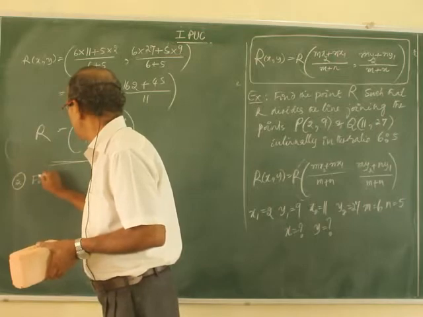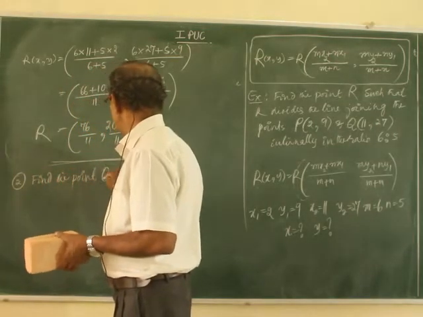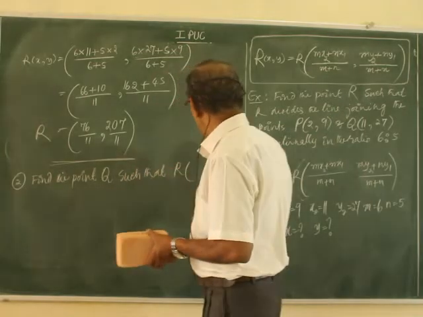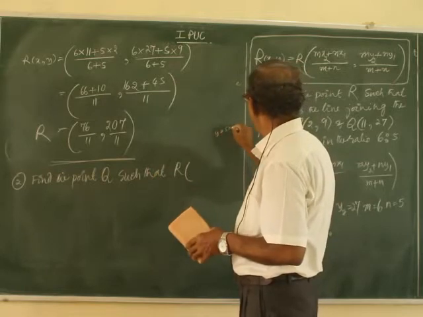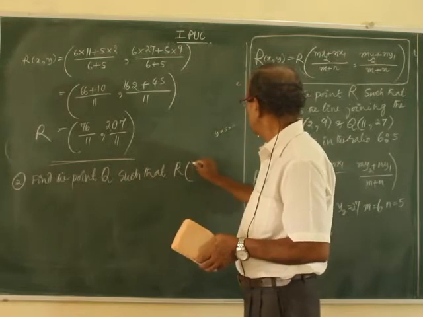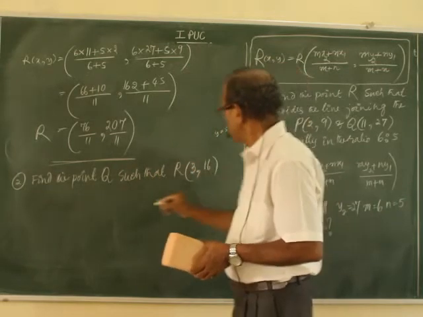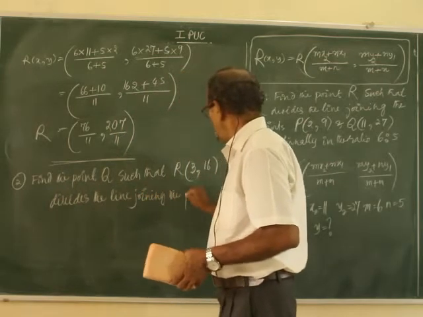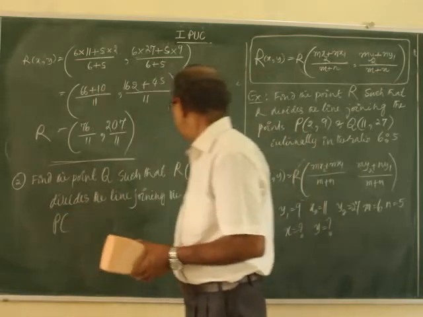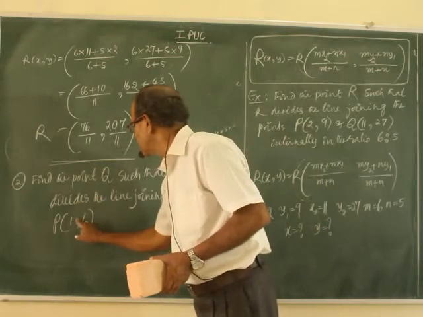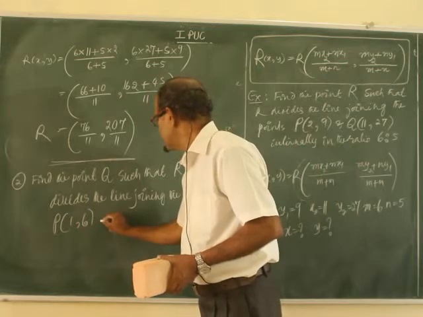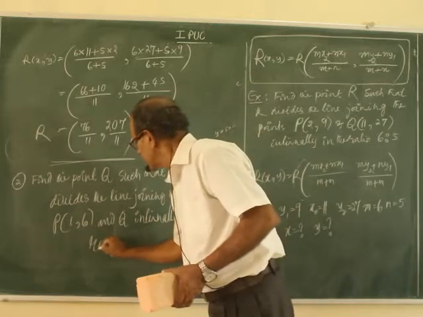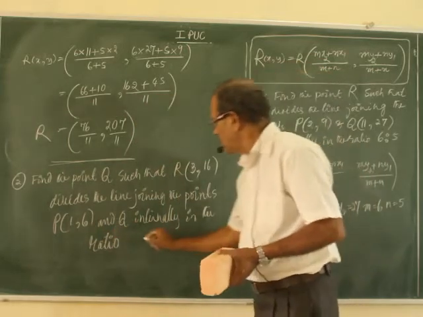Problem number two is find the point Q. Here the question is not to find point R. Find the point Q such that R(3, 16) divides the line joining the points P(1, 6) and Q internally in the ratio 2:5.